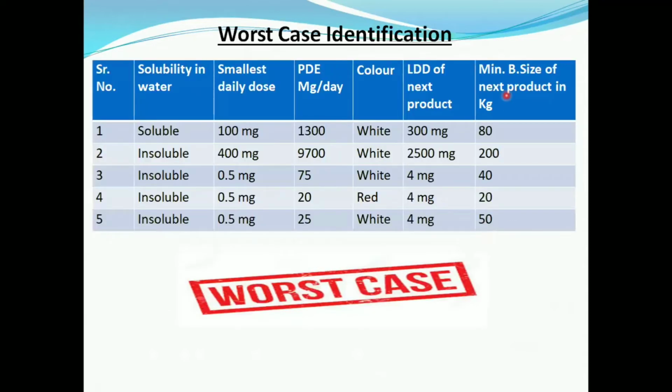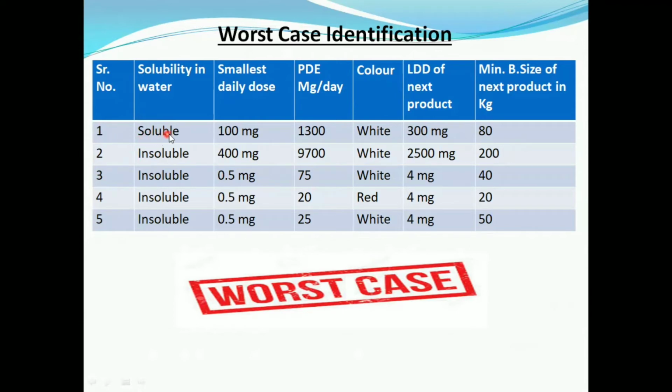Then in this table, I'll explain how we can identify the worst case product. On the basis of this table, this is serial number, this is solubility in water, then smallest daily dose, then PDE, then colors. Friends, you can see here, there are 5 products given.